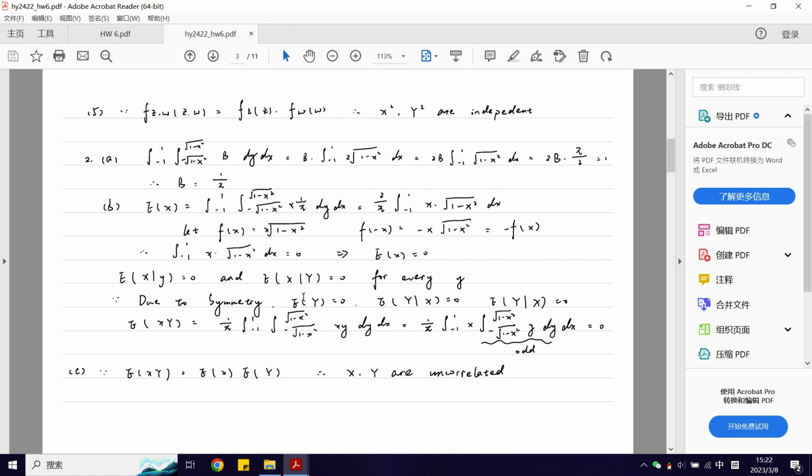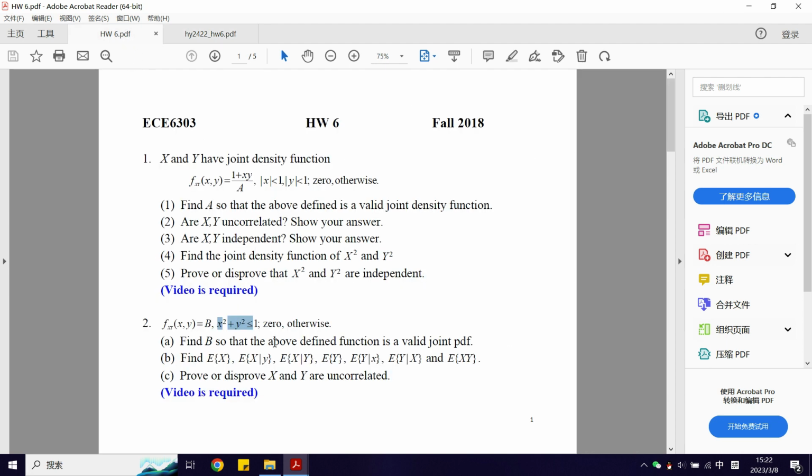Since the expectation of x is 0, we can get that the expectation of x given y is 0, and the expectation of x given big Y is also 0 for everyone, since the expectation of x is 0. And due to the symmetry, we can also calculate that the expectation of y is 0, and the expectation of y given x equals 0, and the expectation of y given big X is equal to 0 too.